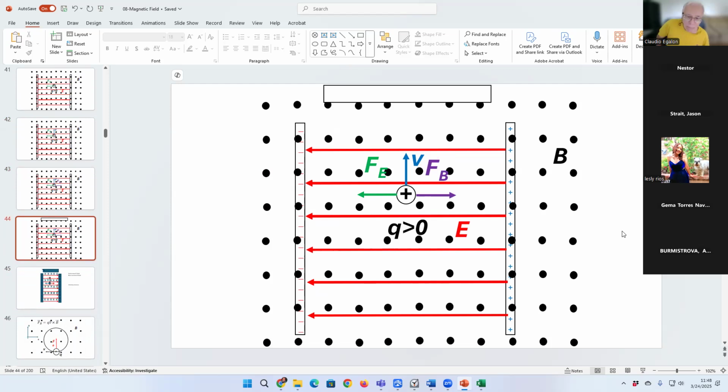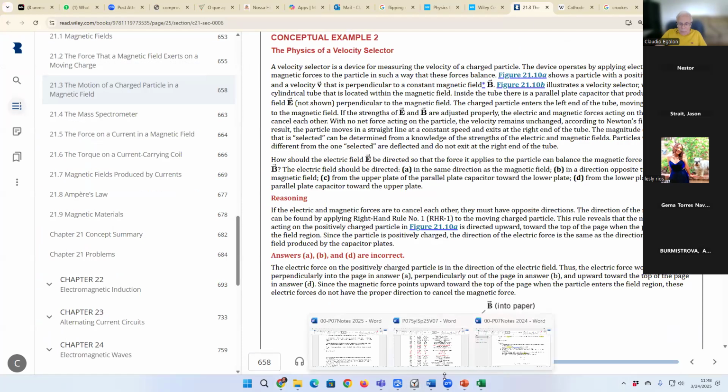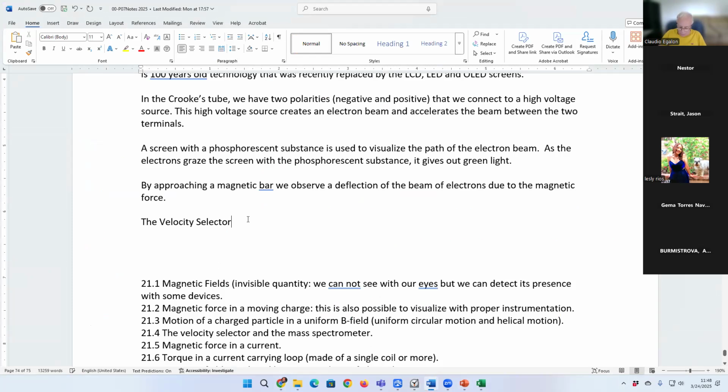Let's write that down. The velocity selector.